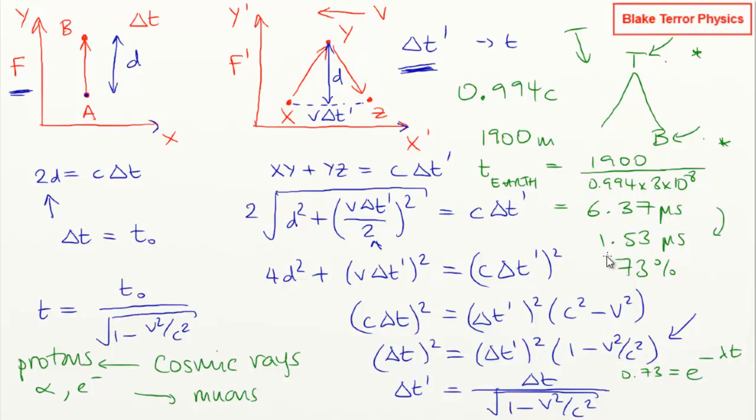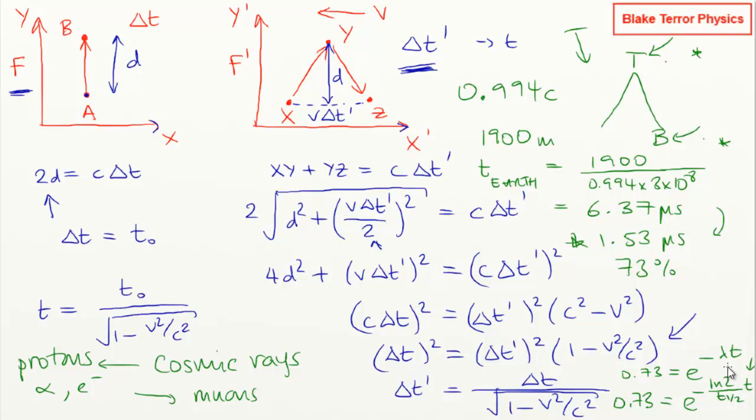And we've got the half-life of the muon. So we can say, right, this is e to the minus natural log 2 divided by the half-life, multiplied by some time. We can now solve this equation, 0.73 equals e to the minus log 2 over the half-life, solve it for t. That will give us the time in the frame of reference of the muon, i.e. our proper time, the shortest time that can be measured from top to bottom of the mountain.